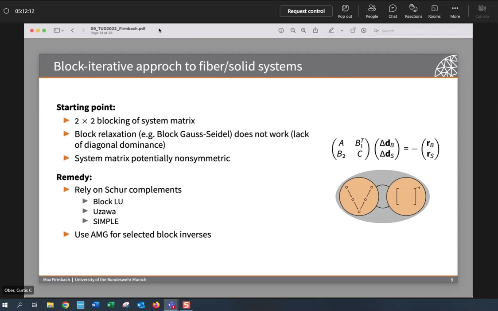we have the starting point that we rely on Schur complement types. This will include some kind of block LU, SIMPLE, or Uzawa, or some simple method, which are already all implemented in MueLu itself, and that you can nicely steer with the XML file. And with this XML file, we can also select the different block inverses.